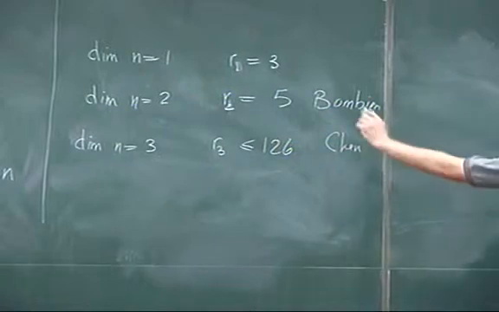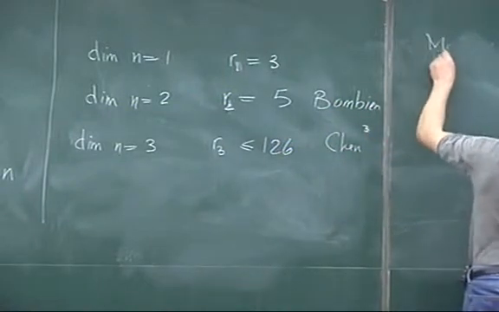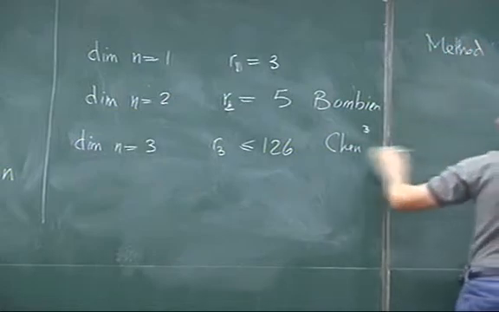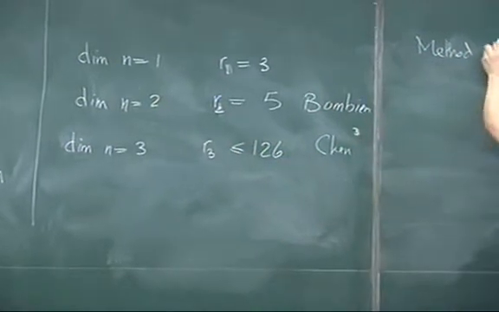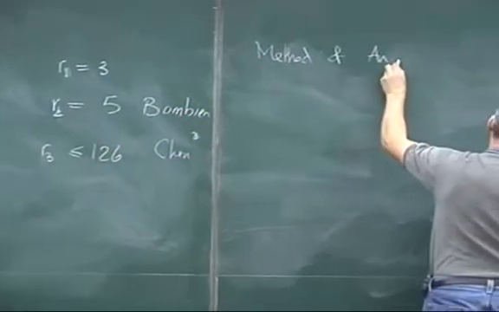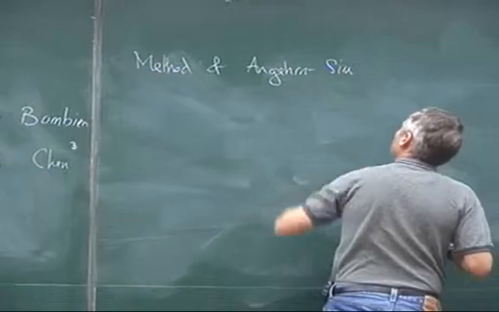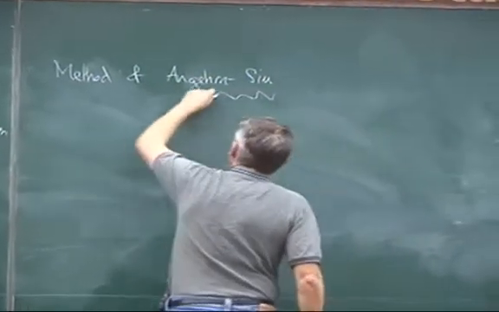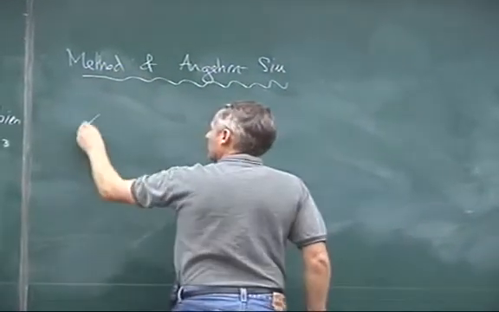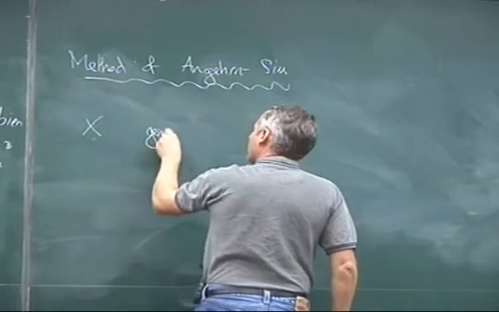Okay, so what I need to tell you about is a sketch of how to prove this theorem. So this goes back to the method of Anghern and Hsu. So you've got your variety X. It's of general type.